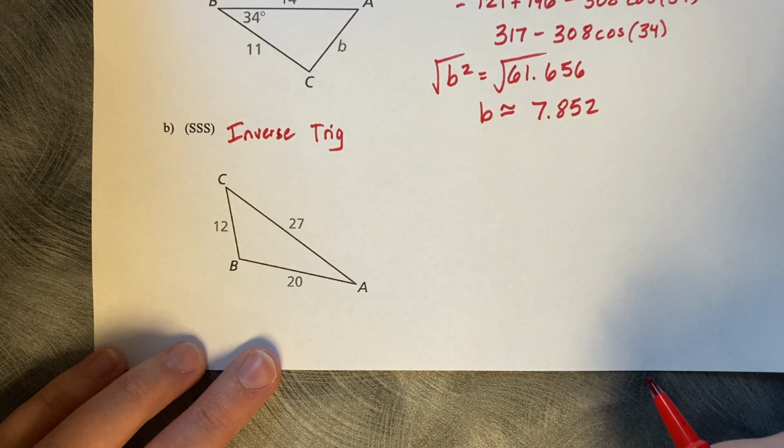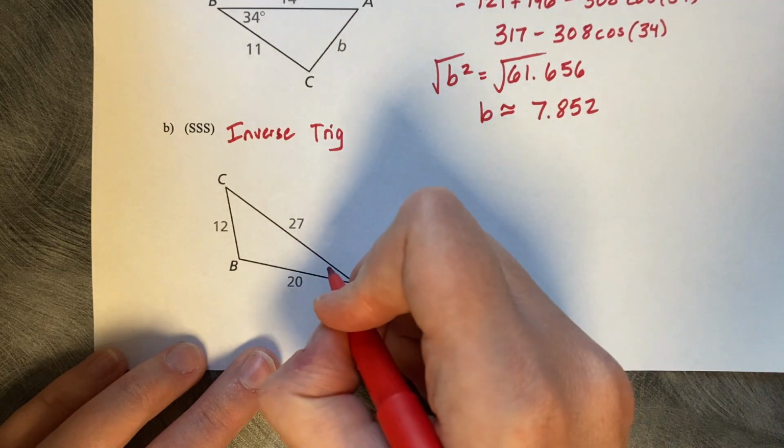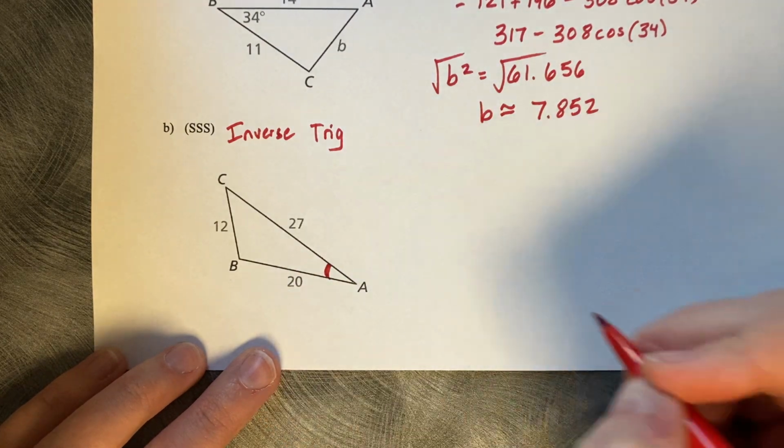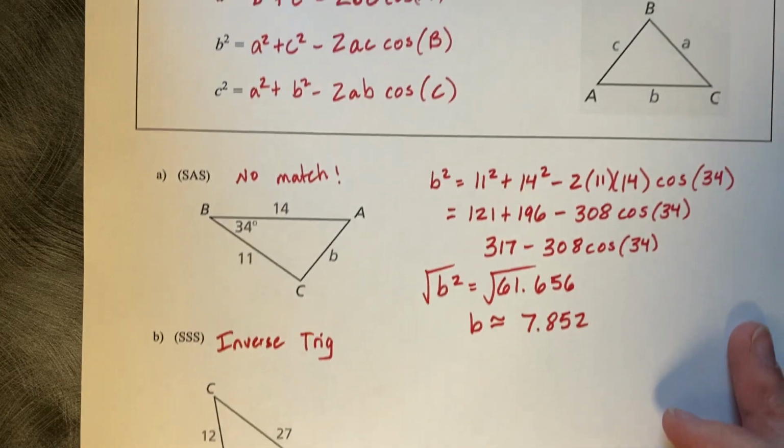So the cool part is that you can pick whichever angle you would like to go for. So let's just pick angle A. Why not? And we can look up at our formula options.